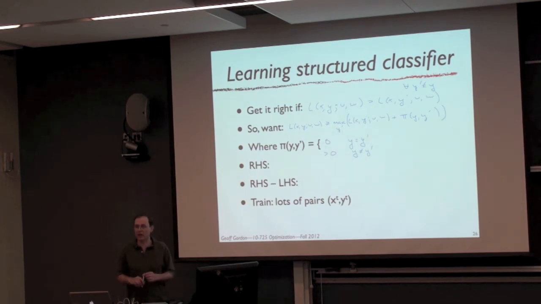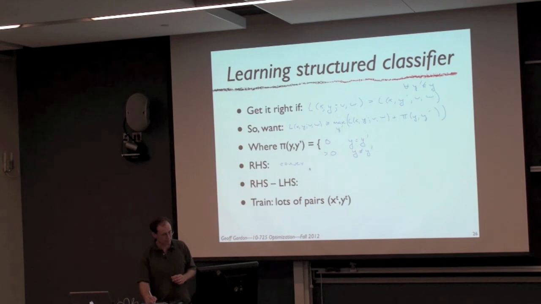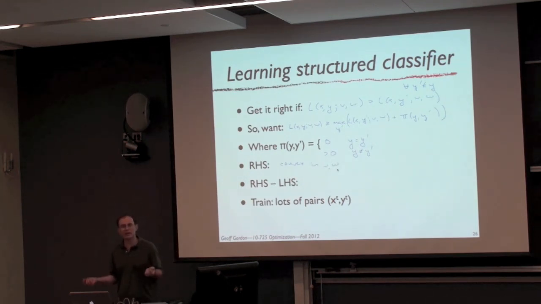So the right-hand side is now a convex function of V and W. Okay? So I'll just write that. And now if I take the right-hand side minus the left-hand side, so if I take this guy and subtract it from both sides, well, this is a linear function of V and W. So right-hand side minus left-hand side is still convex.